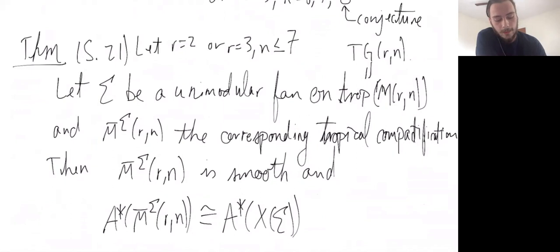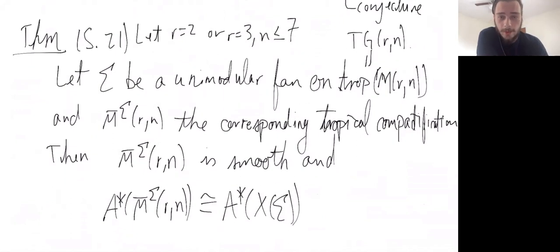So the theorem here is that if I take a unimodular fan structure on this tropicalization of this moduli space of hyperplane arrangements, then this is going to give me a smooth tropical compactification, and the Chow ring of this compactification is described by the Chow ring of the toric variety.